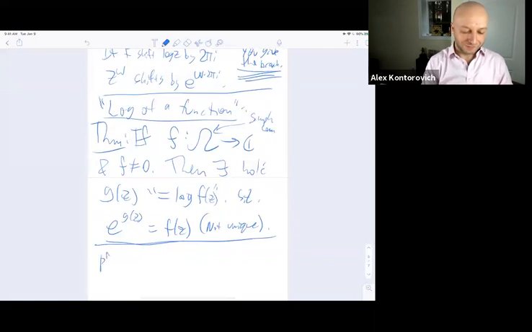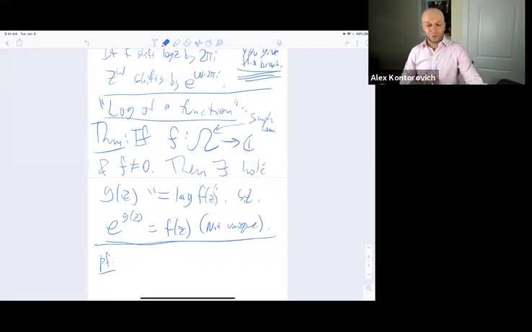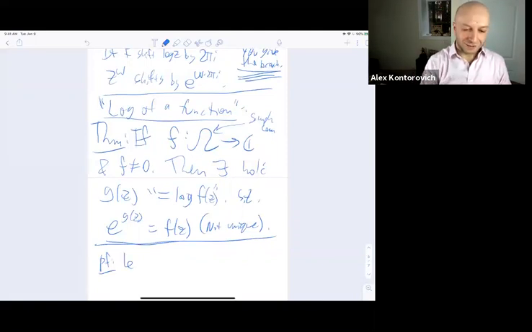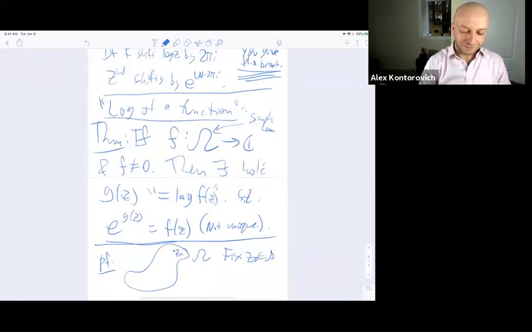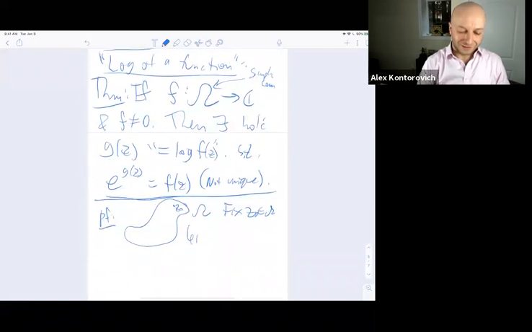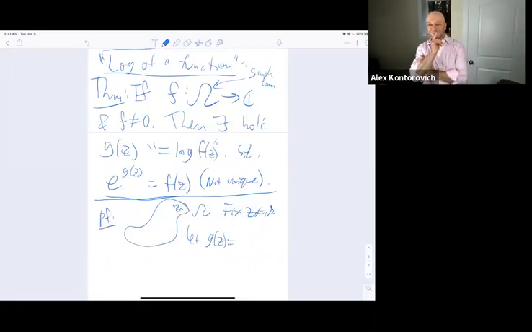Proof. How will we define g? So we have our region omega. Let's fix a base point. Fix z0 in omega, totally arbitrary. Let g of z be defined as, what do you think? How are we going to get something that will behave like log f?